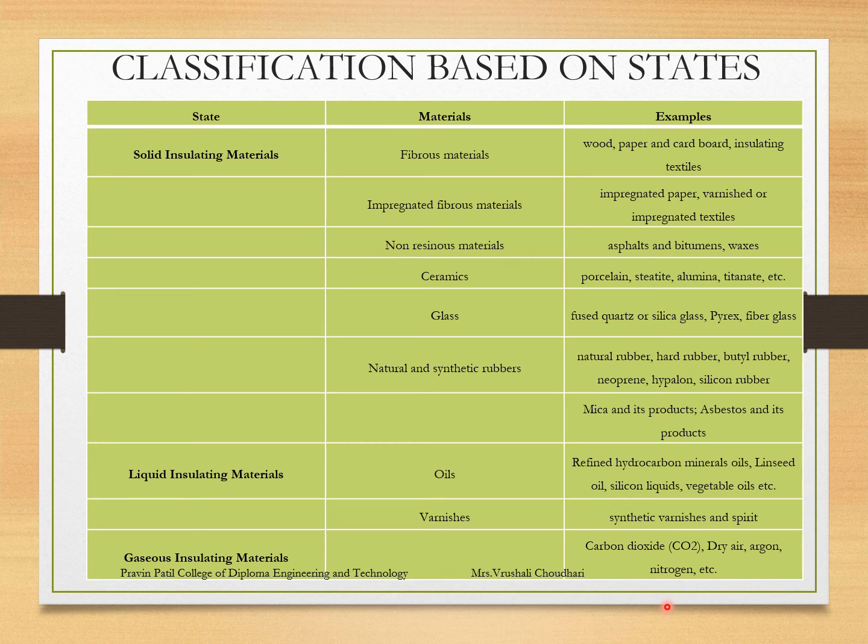We are considering dry air here. Why dry air? In the presence of moisture, air becomes a conductor. So we specify dry air as a bad conductor. If moisture or humidity is present, conductivity increases.